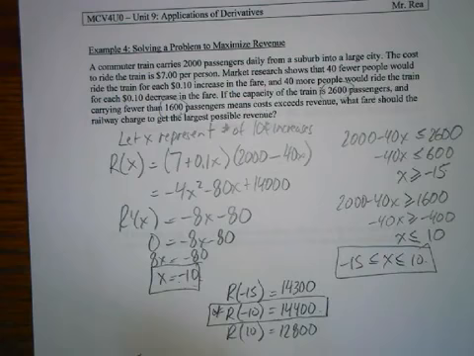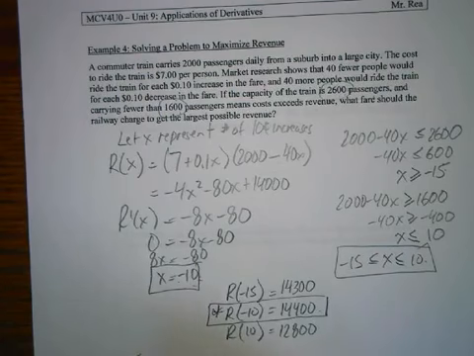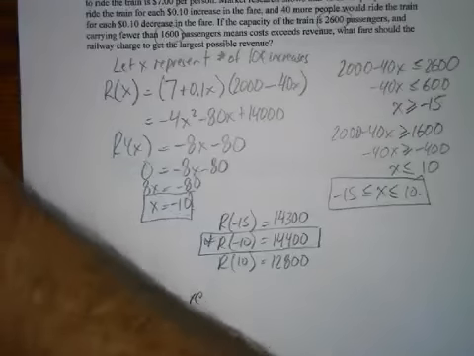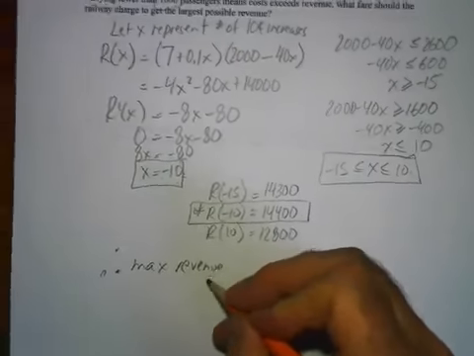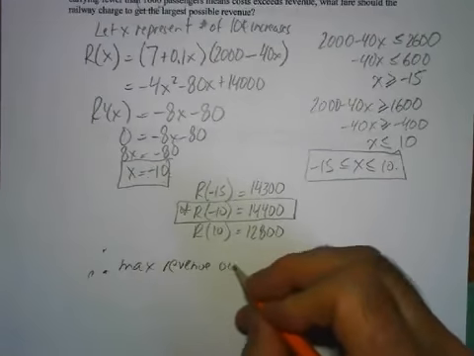Therefore, max revenue occurs when there are 10 price decreases.